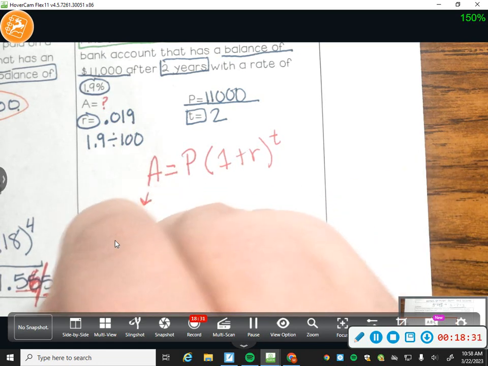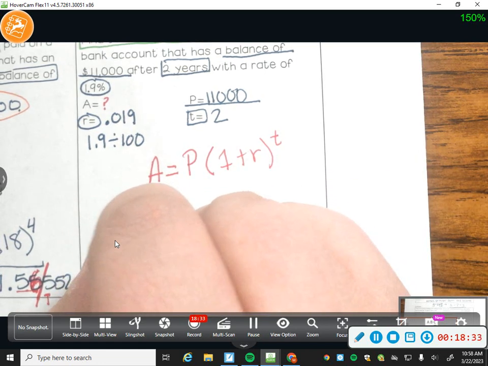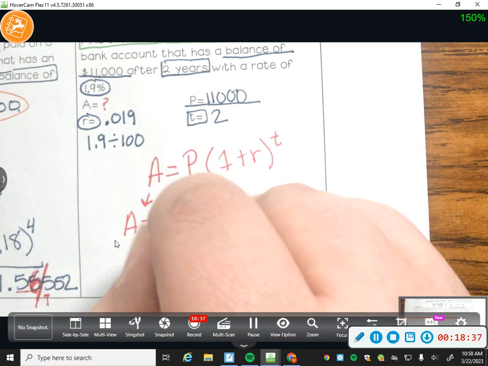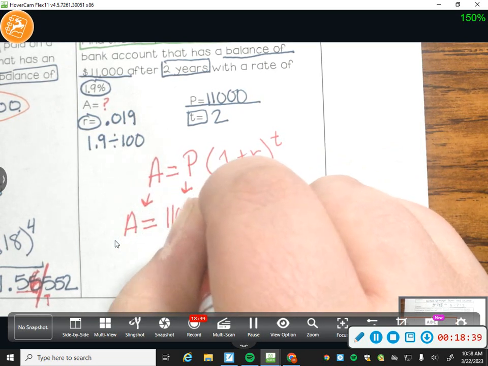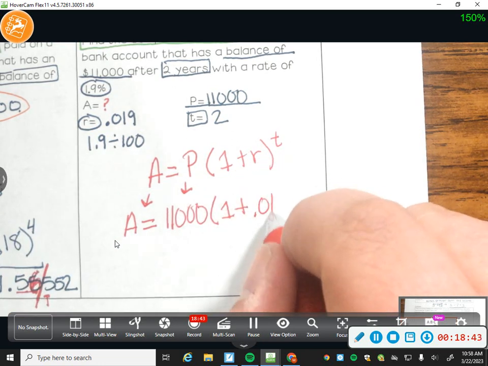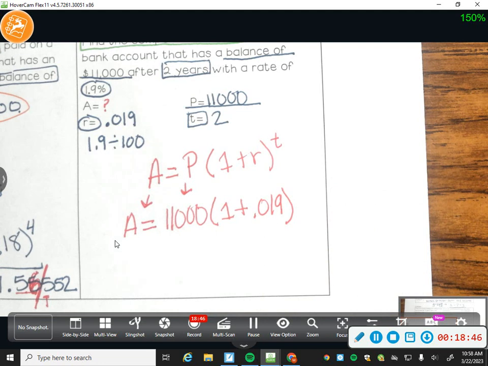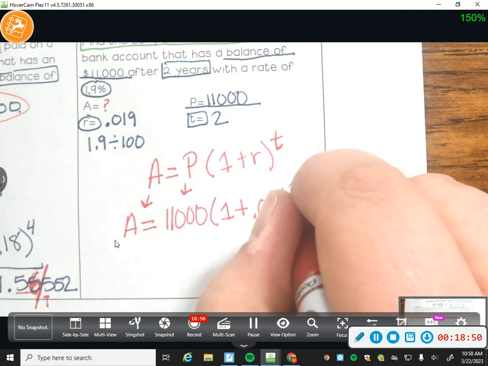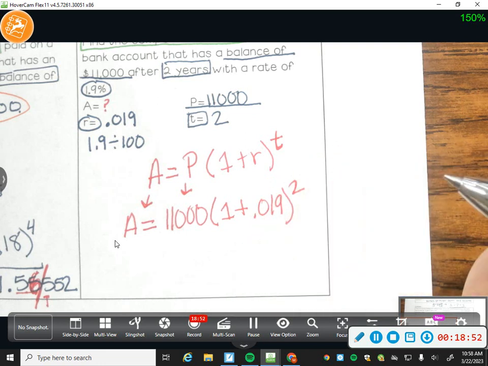A is just a variable because I don't know what A is, so I'll keep it a letter. Instead of P, I'll use 11,000 times 1 plus, instead of R, we're going to use 0.019 to represent 1.9%. And then to the exponent of T, which is 2 in our problem because the loan is for 2 years.